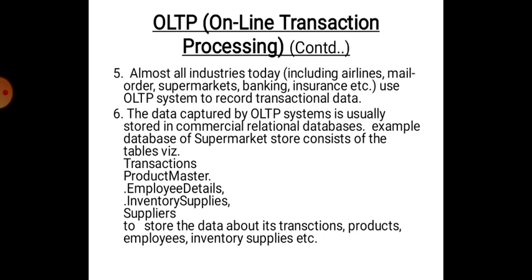We have not mentioned all the tables because it will take more space and more time. You can just consider that in the last subject, that is database management system, we considered many tables where data could be stored. So these are also certain tables where data could be stored, like transactions, product master, employee details, inventory, suppliers. These are the tables where data could be stored for a manufacturing organization.